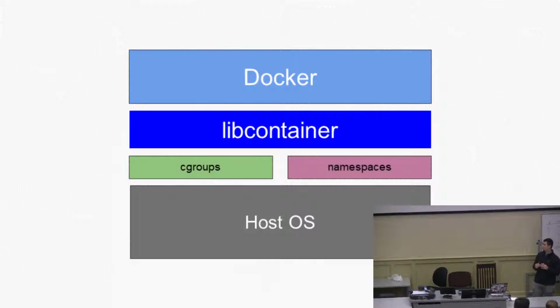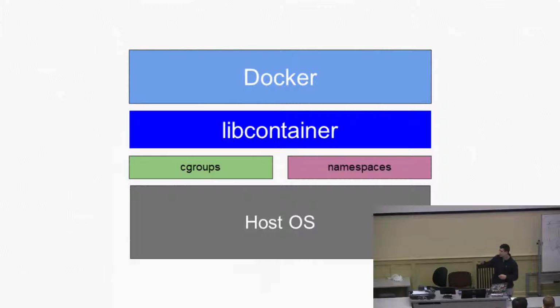Together, these make sure that when a process is running inside a Docker container, it feels like it's the only process working, and that's how we get that isolation. And libcontainer is something implemented by Docker that pulls the strings, coordinates those two other things, and feeds it back up to Docker. Sound good? Okay.